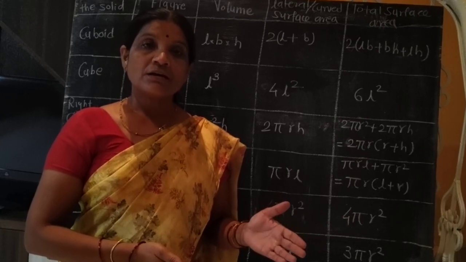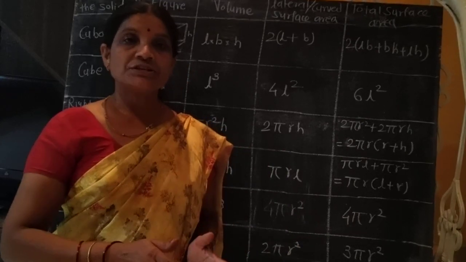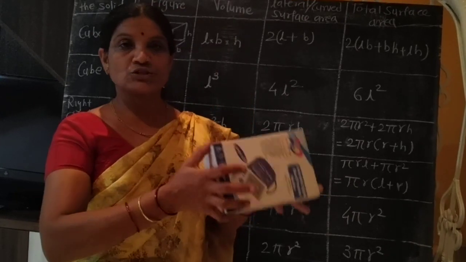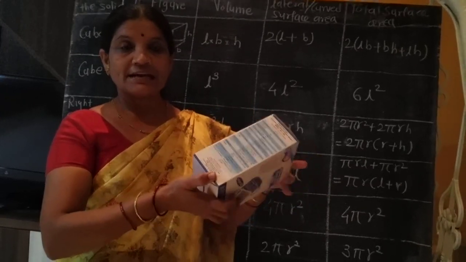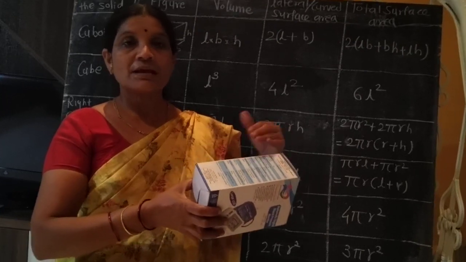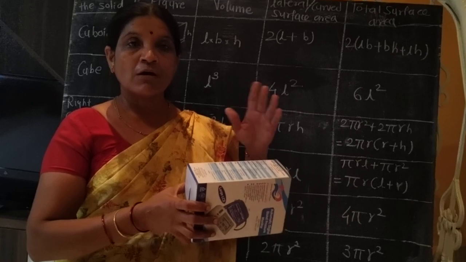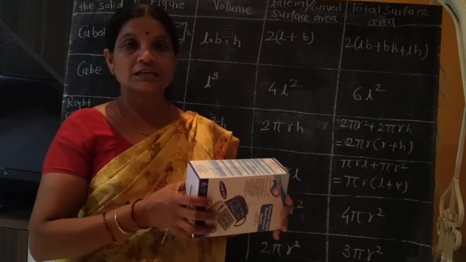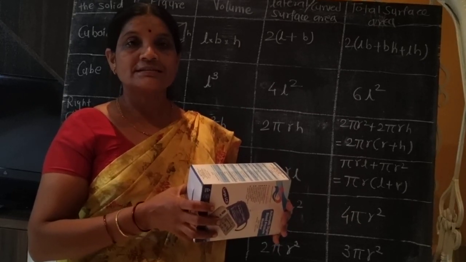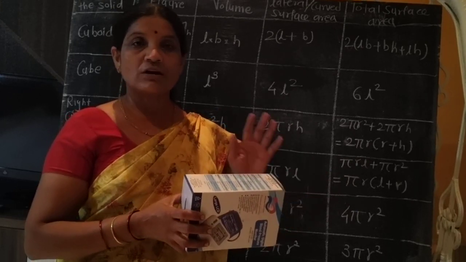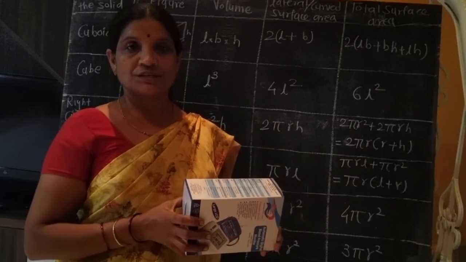And when any three-dimensional figure is there, like a cuboid, then it has many faces, and the sum of areas of all faces is called the surface area of that object.